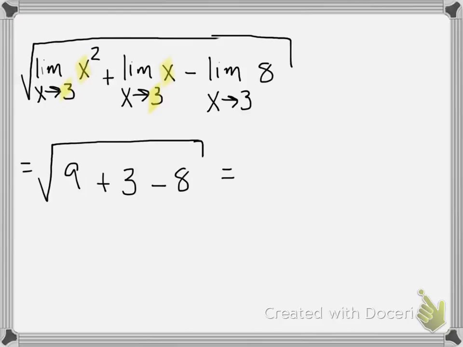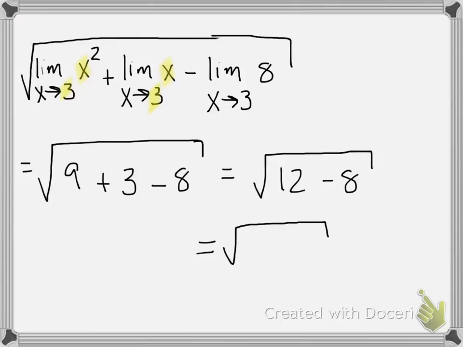And so that is equal to the square root of 12 minus 8. Whenever you calculate that out, we're left with the square root of 4, which is just 2.